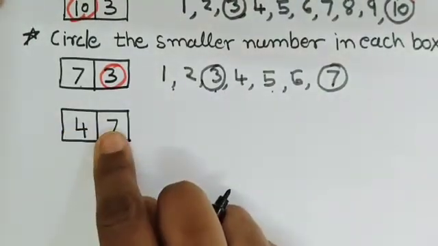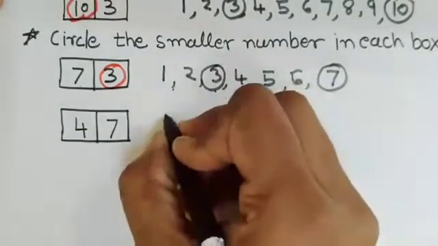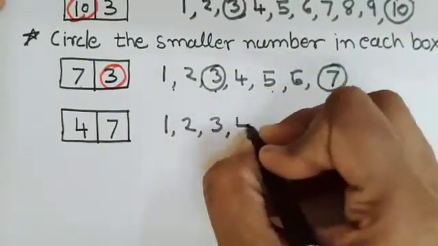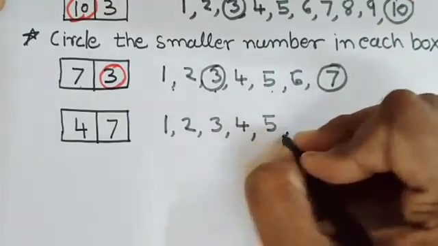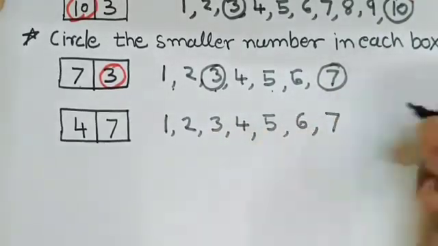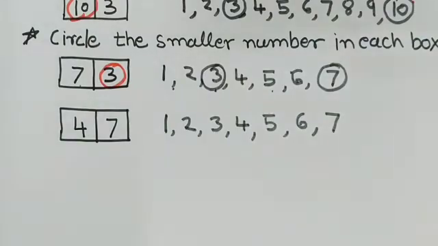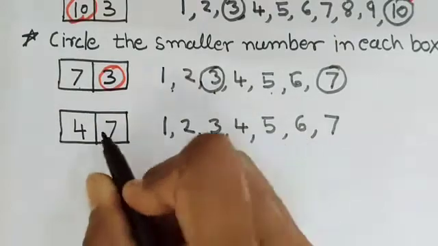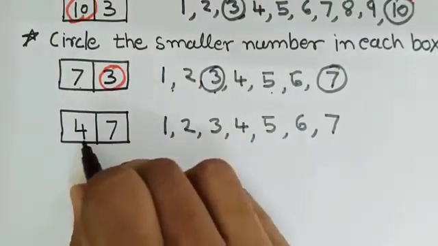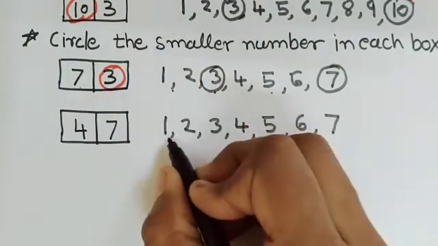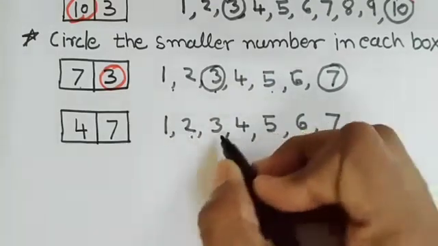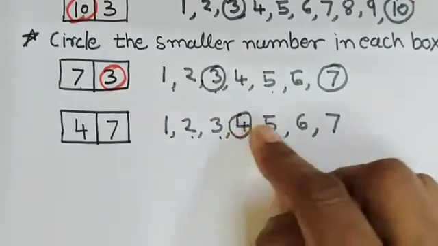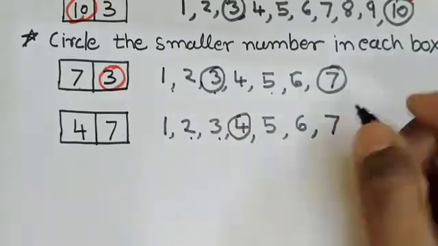Here we have two numbers, 4 and 7. So we have to write numbers till 7 first. Now we have to see which number will come first and which number will come afterwards out of these two. Here we have 4 and 7. Let us see 1, 2, 3, 4 and then 5, 6, 7.